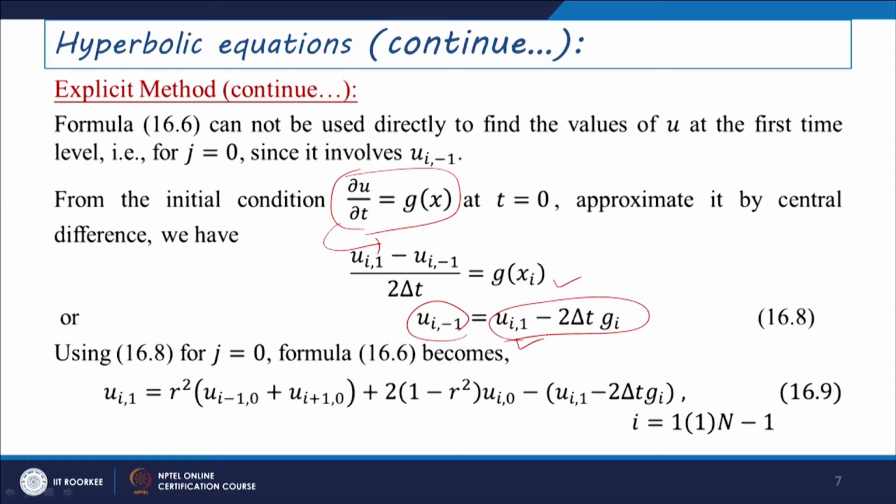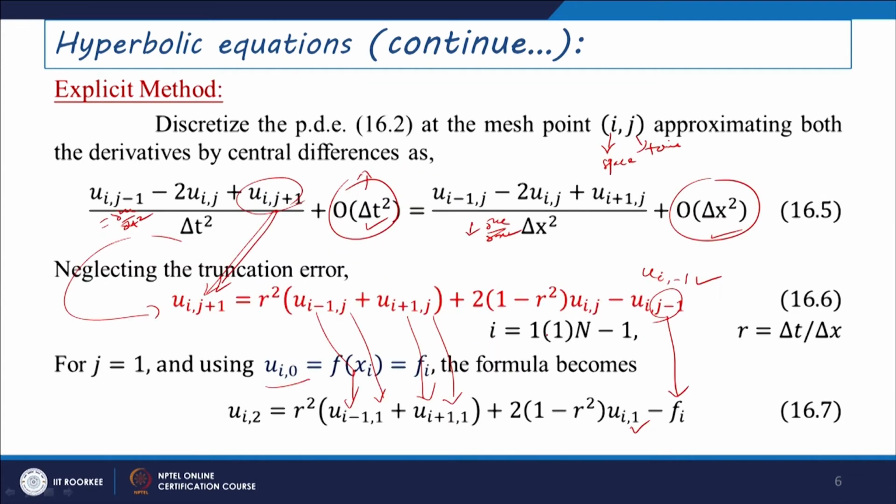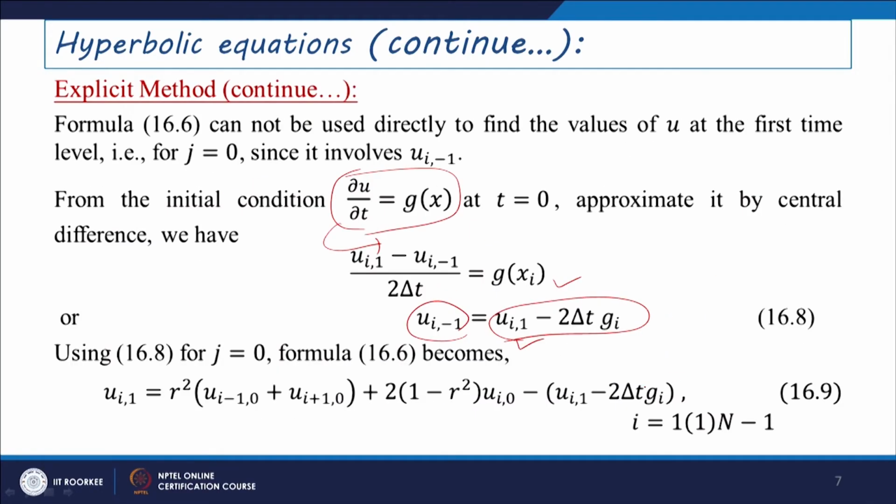So, for j equals 0, the formula 16.6, if you just see here, can be written as u i 1 equals r square u i minus 1, 0, plus u i plus 1, 0, plus 2 into 1 minus r square u i 0 minus u i minus 1 there.